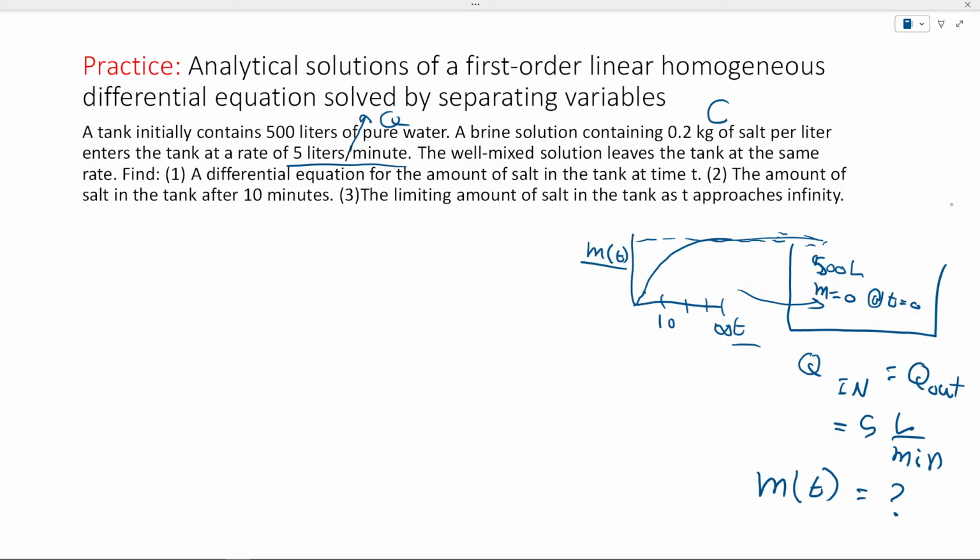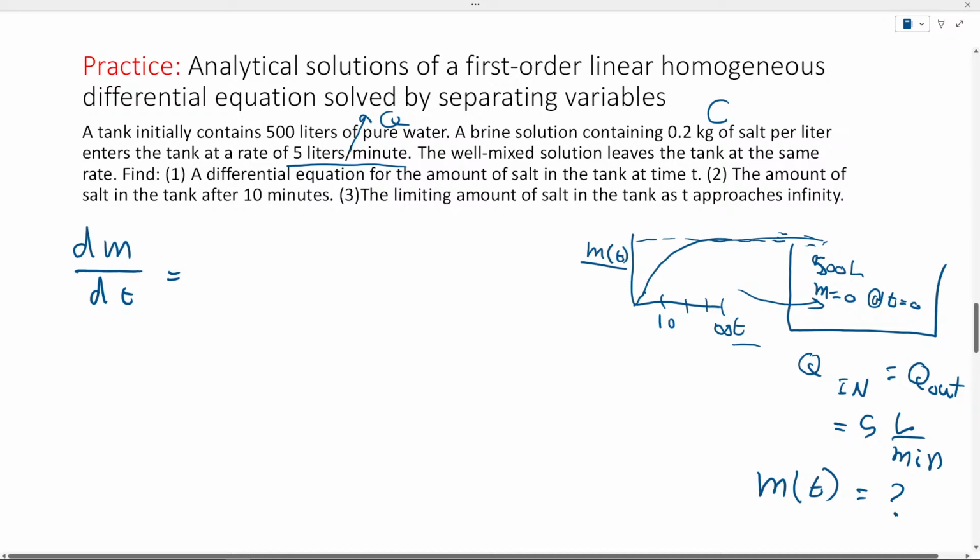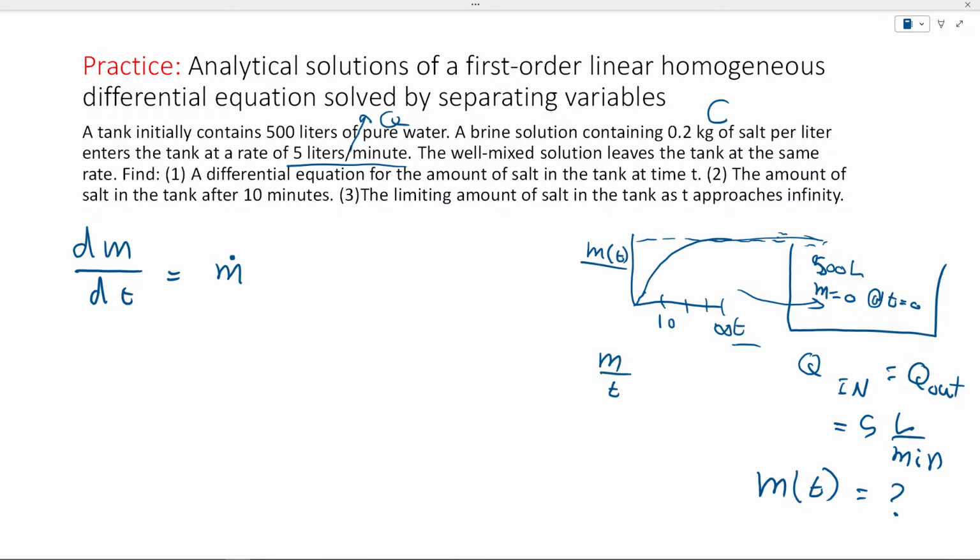But anyway, let's just formulate our differential equation. So basically I want to see the mass rate, how mass is changing in time. So what I'm looking for is the mass rate, how mass is changing with time. That is equal to what? That's equal to the rate the salt is entering minus the rate the salt is leaving.